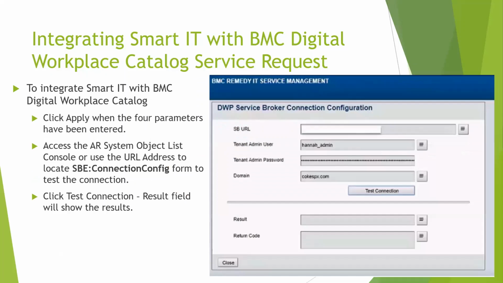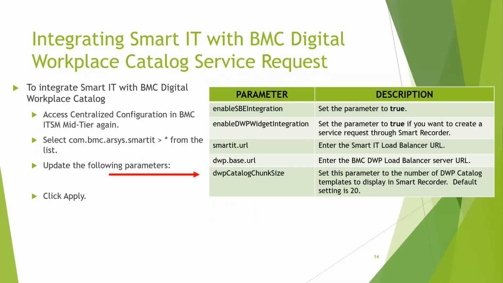Then you have to go in and test the connection that you just put in. So now you have to pull up this form, SPE connection config form, and hit the test connection to see what you put in is accurate, if you didn't do any misspelling or whatever. And then you have to go back into the centralized configuration side, pull up the Smart IT side, and modify those 5 parameters.